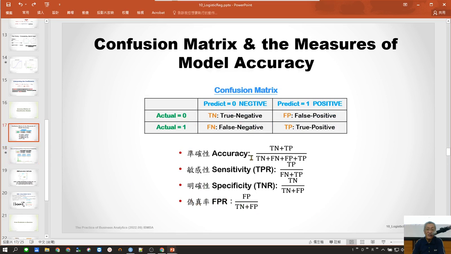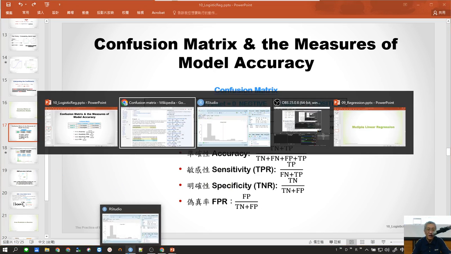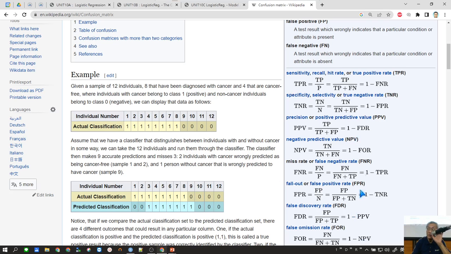And that would affect the measurement of accuracy. Usually when we use this traditional type of measurement, we are talking about the threshold at 0.5.